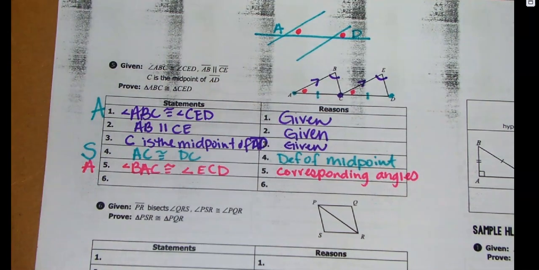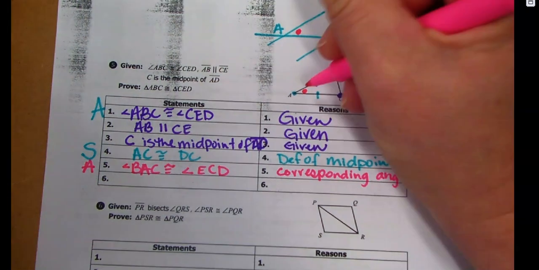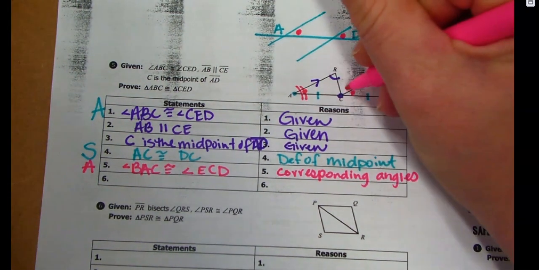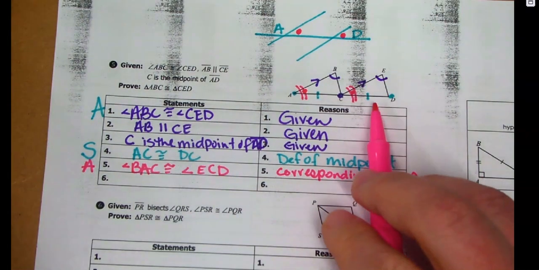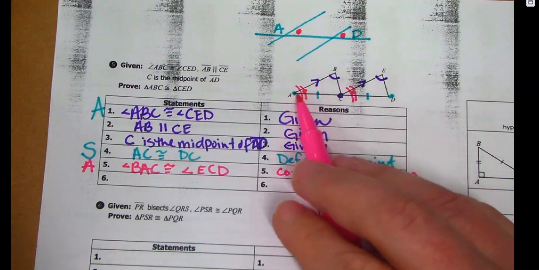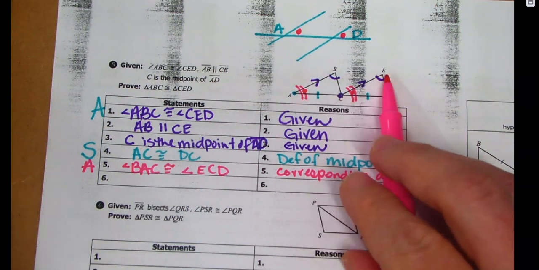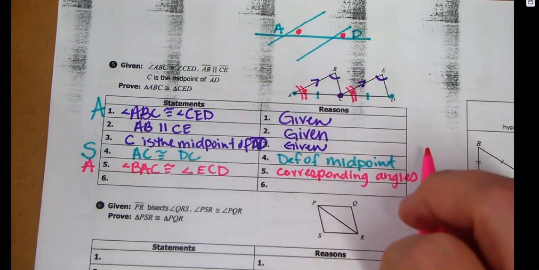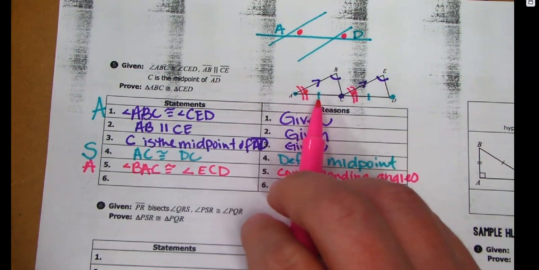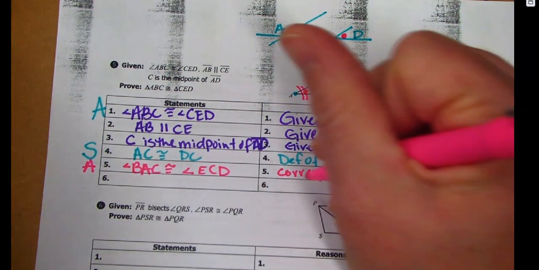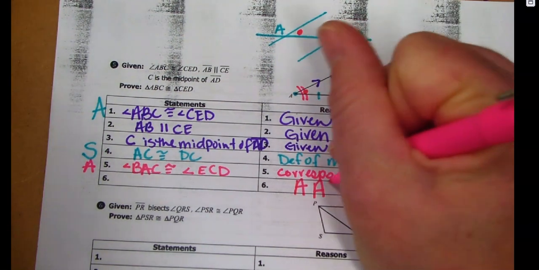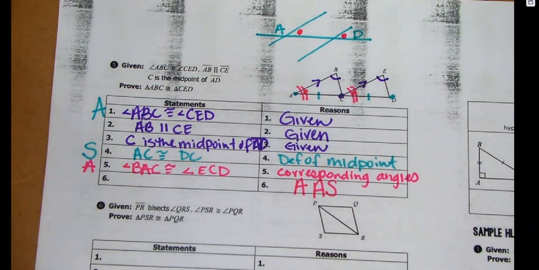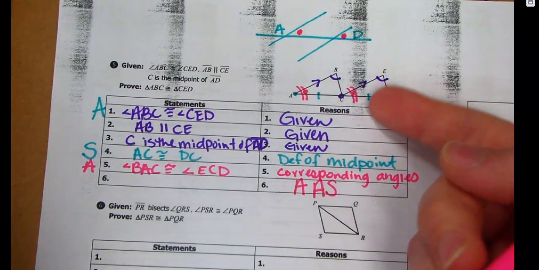And that is another angle. So if we look at the angles that we know, this angle down here, we know the angle up top, and we know this side over here. Again, we don't know that AB and CE are congruent. We just know that they're parallel. The one that we know is congruent is down here. So this is going to be angle, angle, side, because the side is not included. It's opposite the angles.